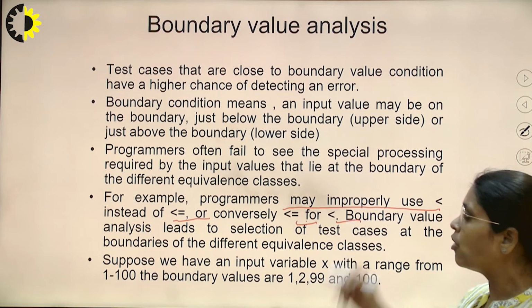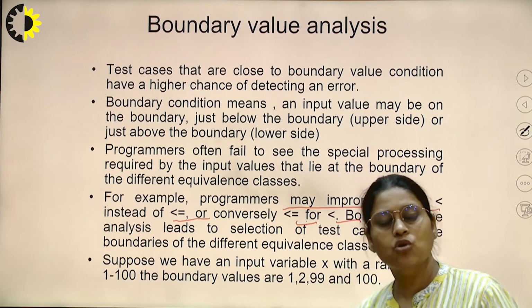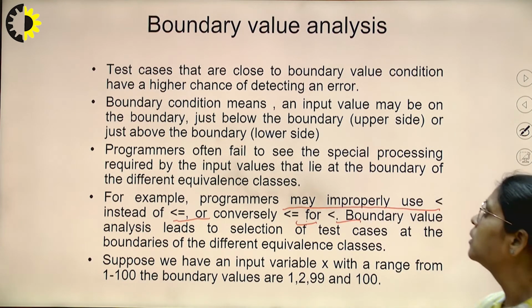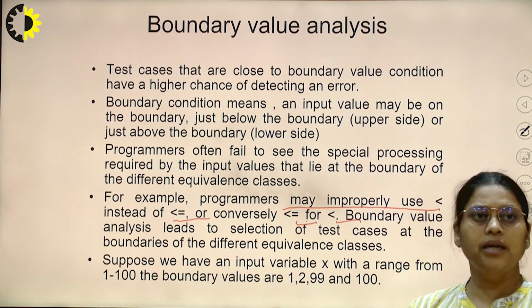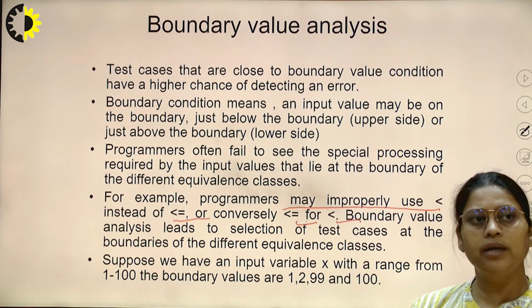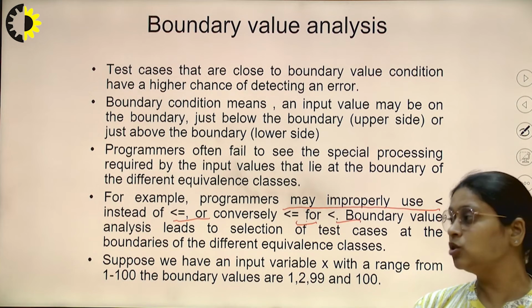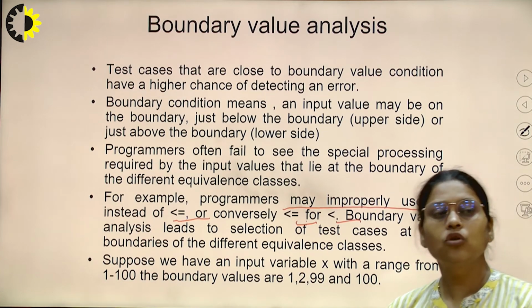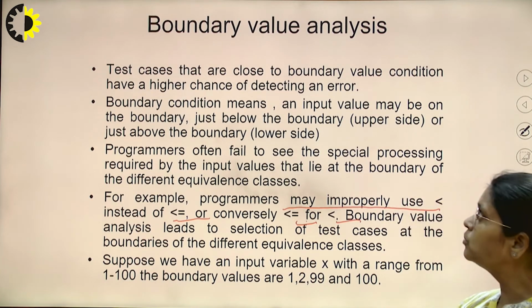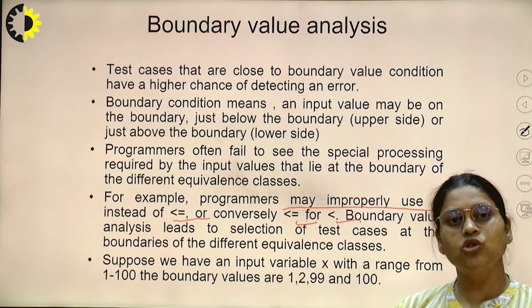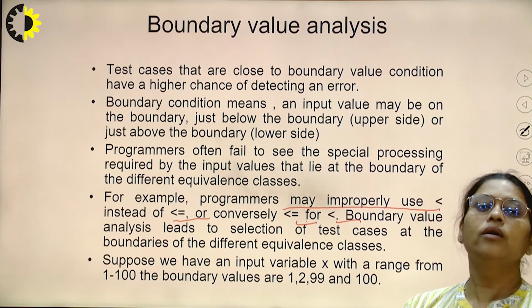So boundary value analysis basically checks the software on the boundaries only. Test cases that are close to the boundary value conditions have a higher chance of finding errors. With the help of this, we check the software on the boundaries.